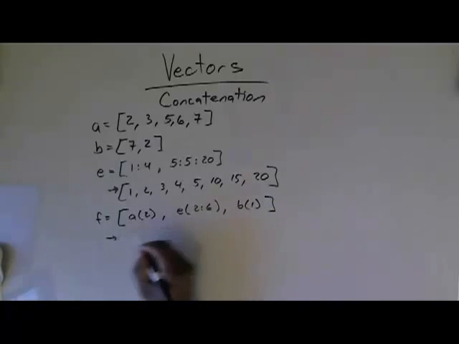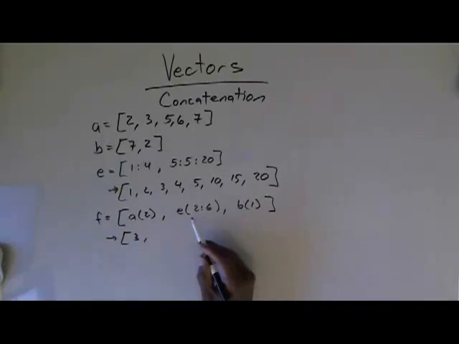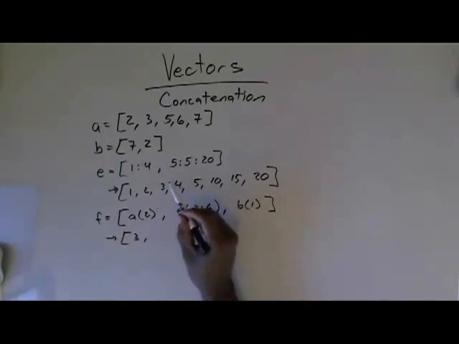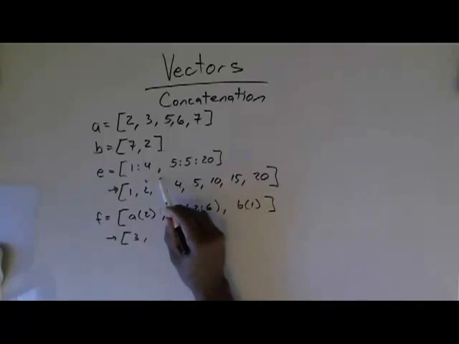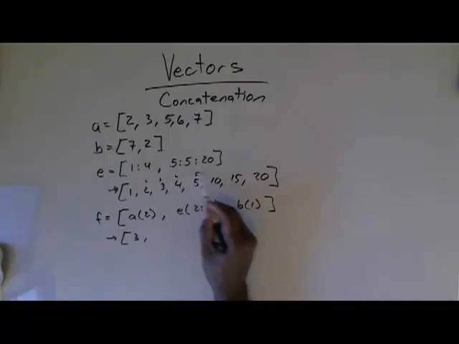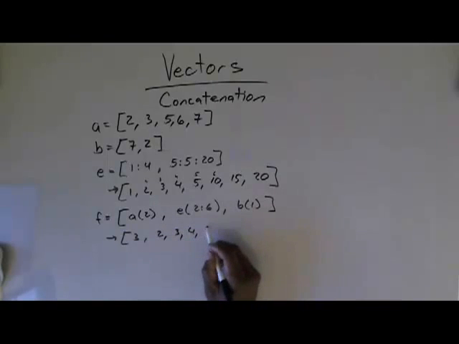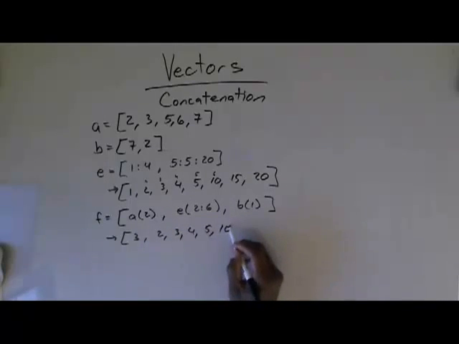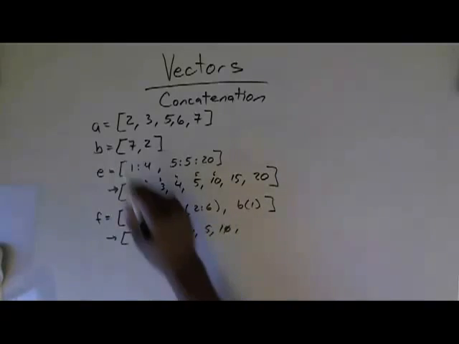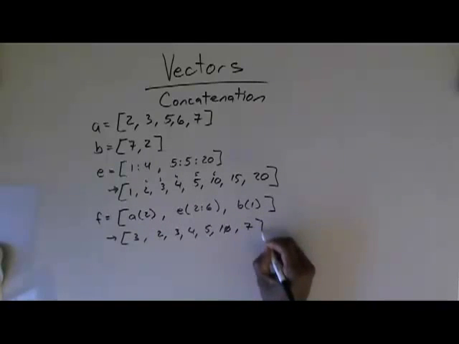And that would give you A indexed at 2 is 3. E from 2 to 6, this is 2, 3, 4, 5, 6. And B indexed at 1 is 7.